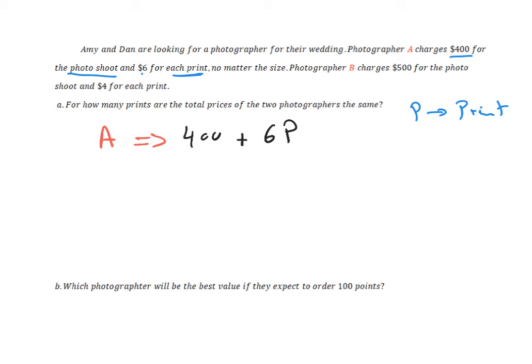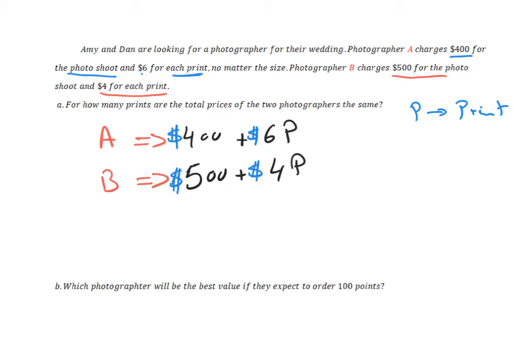We don't know how many prints actually. So let's go for photographer B, who charges $500 for the photo shoot and $4 for each print. So it's going to be 500 plus 4p.